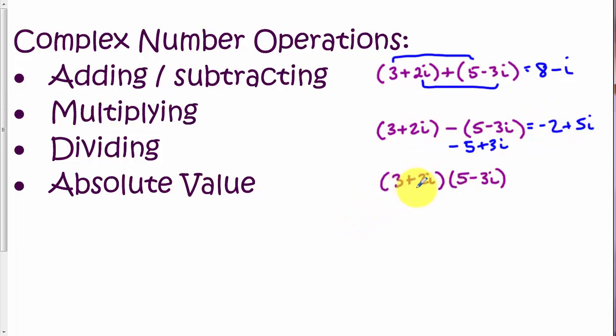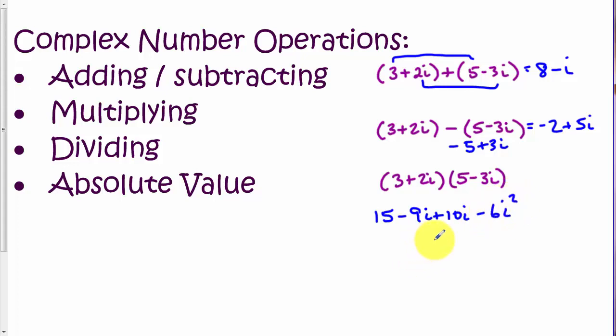When we do multiplication, we will be using FOIL or the distributive property. So we will be taking 3 times 5 is 15. Now 3 times negative 3i would be negative 9i. 2i times 5 would be 10i. And 2i times negative 3i is negative 6i squared.